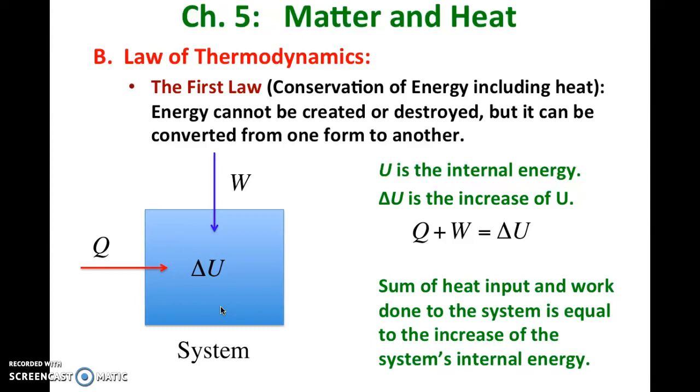Heat removed from the system plus work done by the system is equal to the decrease of the system's internal energy. So we have the formula Q + W = ΔU.